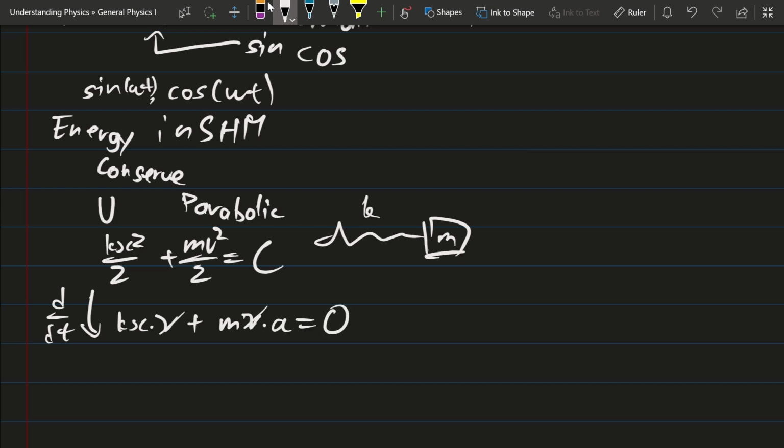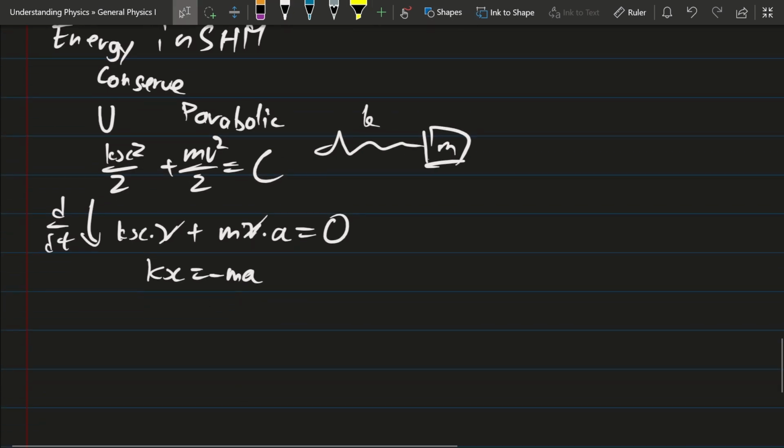So you would be able to obtain that kx is the negative ma. And so you could see that this is the differential equation which we got for this pendulum. And then if you try to dig much deeper into this, you would notice that almost any physical phenomena can be described by using a simple harmonic motion.